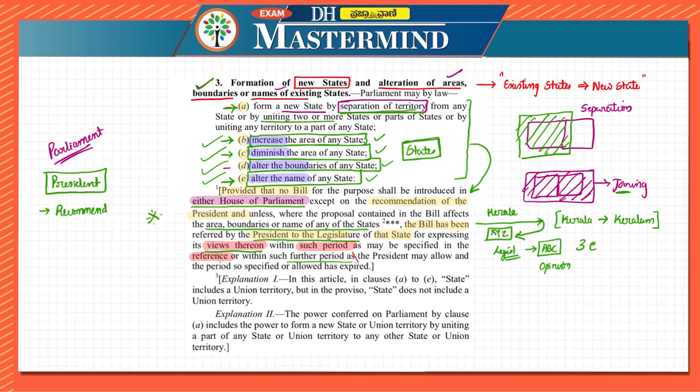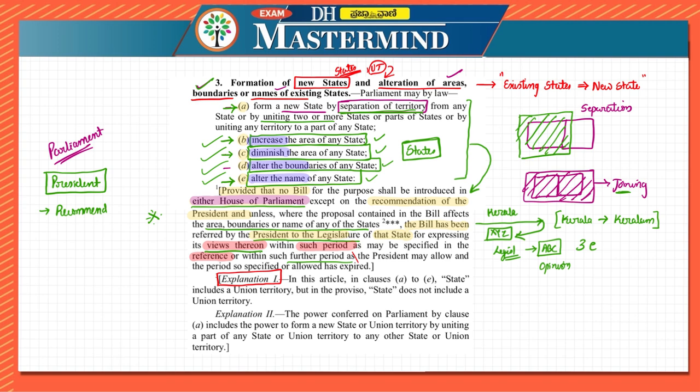Because you can see that in this constitution, they have mentioned the explanation also. They have mentioned states over here, right? So there may be confusion also. What about the states? Or what about union territories? It is not mentioned as union territories, and hence, can we change it or can we not?